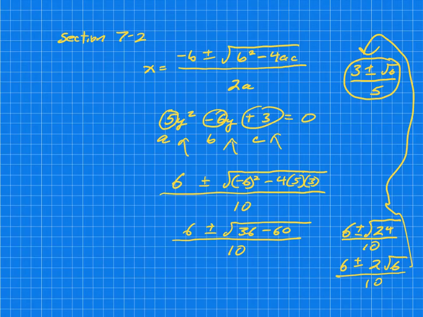Your practice is going to be 5x squared plus 3x minus 2 equals 0. So here's your practice question right here.